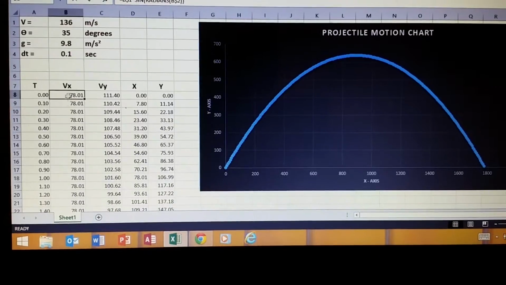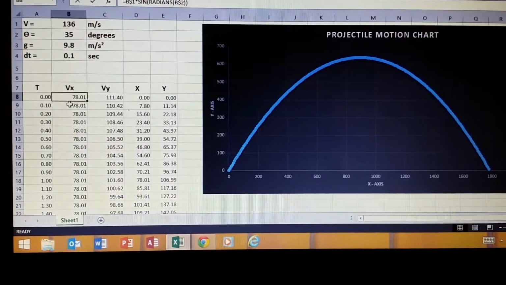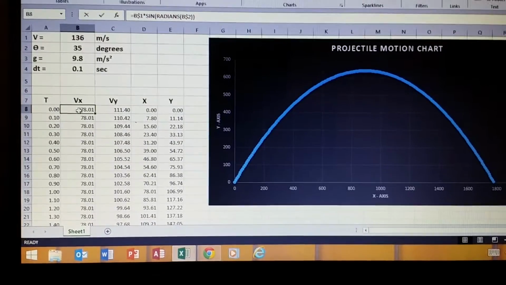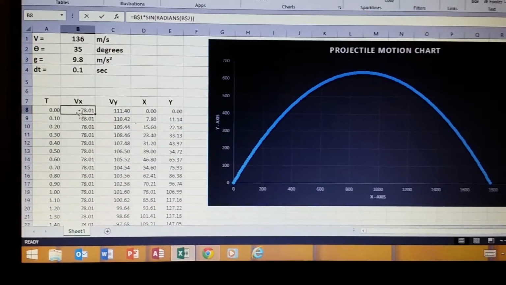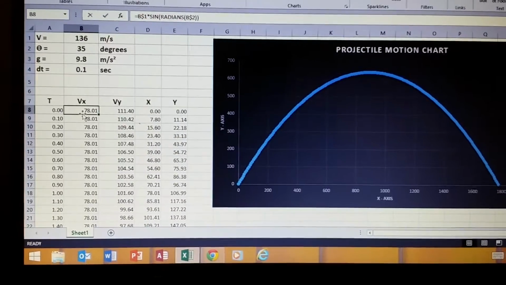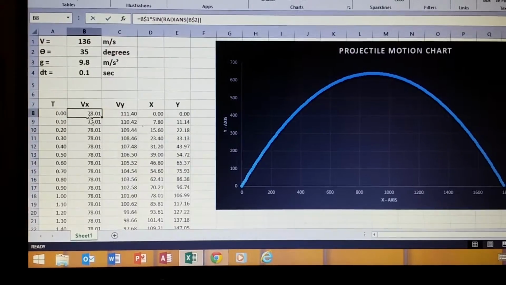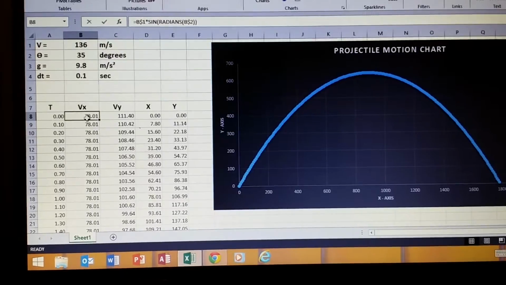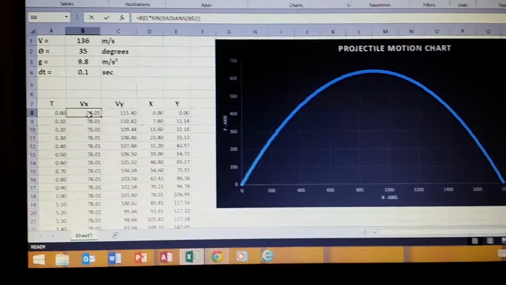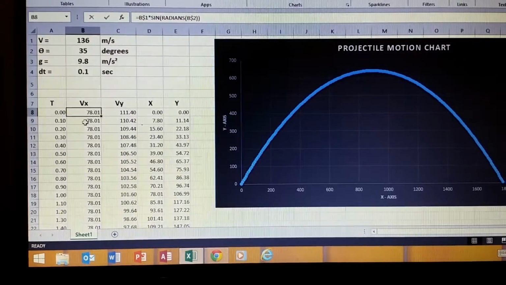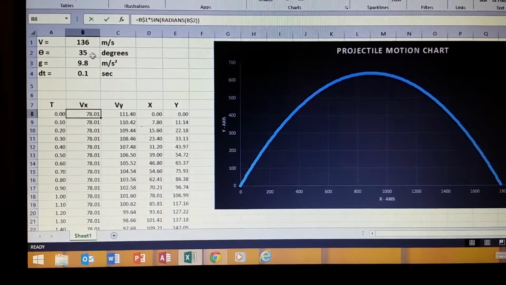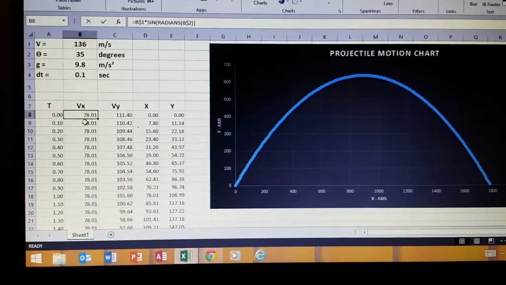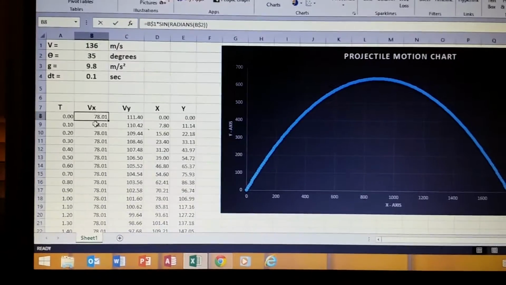To get those, I simply took the velocity times the sine of the angle, 35 degrees, but of course in Excel you have to convert it to radians so it can read right.